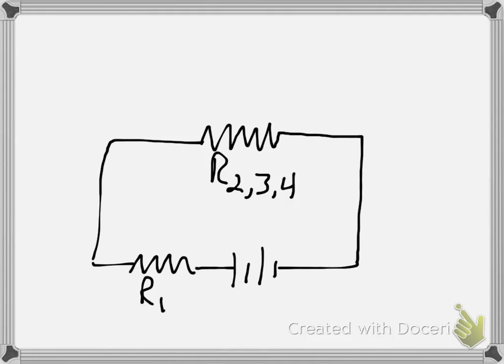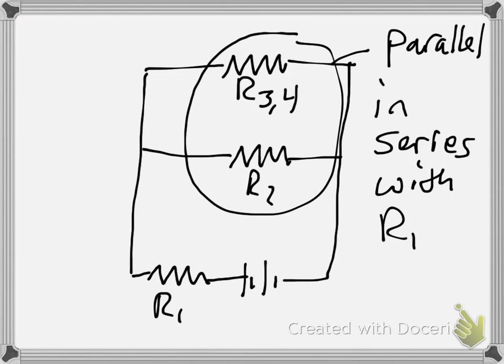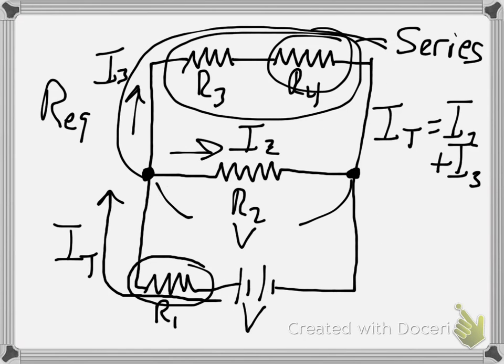And you have R1 here, and using Ohm's law, once you find the total equivalent resistance, you can find the total current, and then you can apply Ohm's law, V equals IR, to find the voltage drop across this guy using the values of I and R, and the voltage drop across this guy using the values of I and R. Right, so you'll have voltage drop 1 across here and voltage drop 2 across here, and that will be the same voltage drop as across that entire branch.